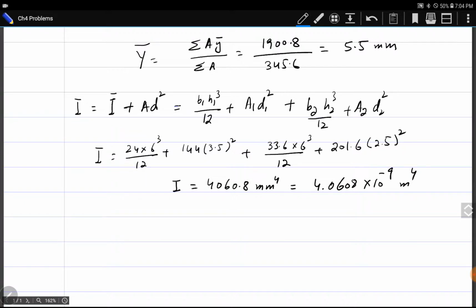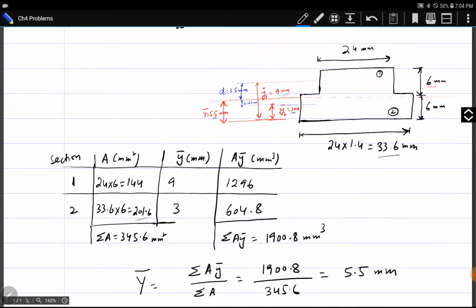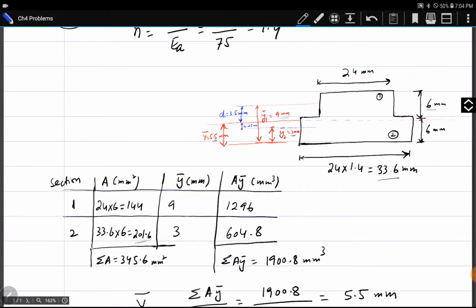Now in order to find maximum stress in aluminum and copper, we have to find the distance of the outer surface of the aluminum and the distance of the outer surface of copper from the neutral surface. Now we will come back to this diagram. Area 1 or section 1 is actually aluminum.